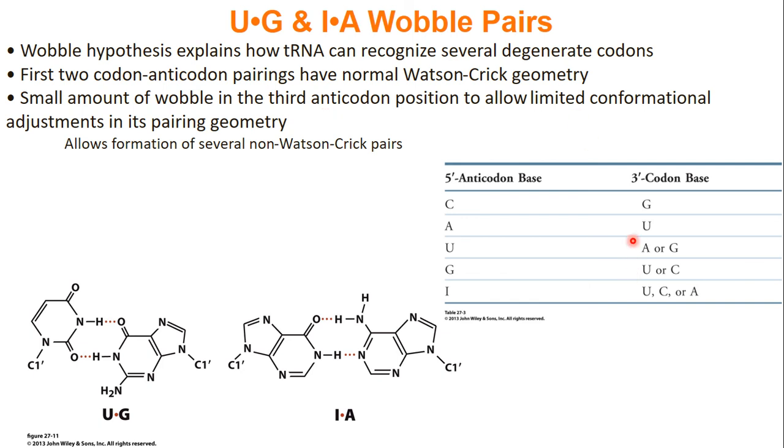And that's what's being shown here, where you have different bases that can interact with different anticodons, because there's more flexibility in the geometry of that pocket to allow for these non-Watson-Crick pairs.